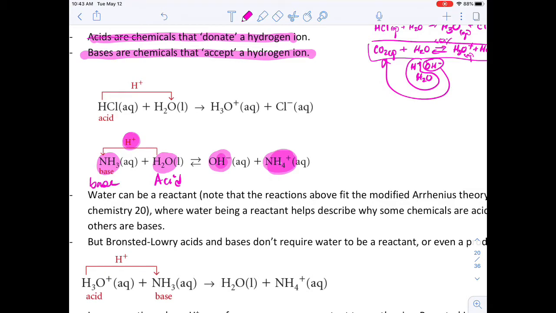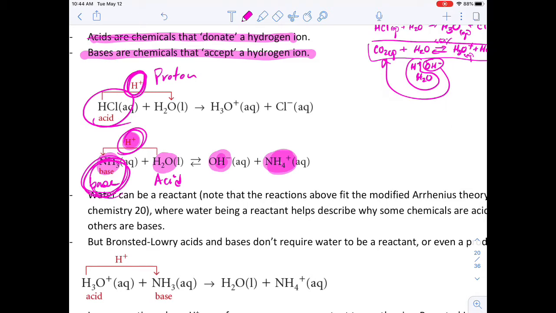So we can redefine acids and bases: a hydrogen ion is called a proton, the proton donor is the acid, and the proton acceptor is the base. Acids donate protons, bases accept protons.